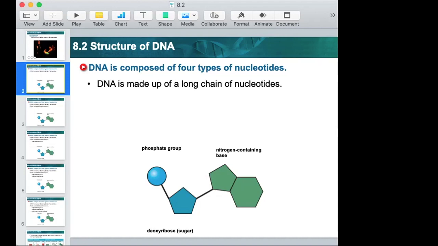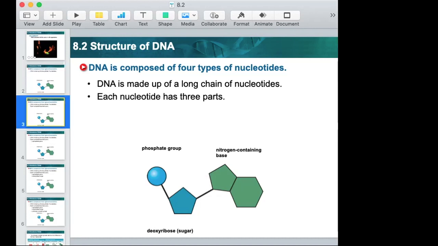Scientists knew this for a while, and they assumed it was just too simple to be genetic material. How can you have such a wide variety of traits in humans, animals, and plants if all you're dealing with is just 4 chemicals, and just the variations in their sequence gives you the different traits? But they learned that it is enough to make all the different things we see in humans versus animals versus plants.